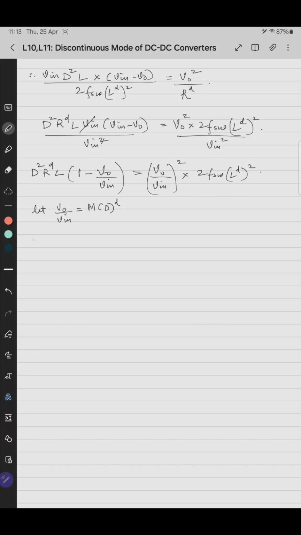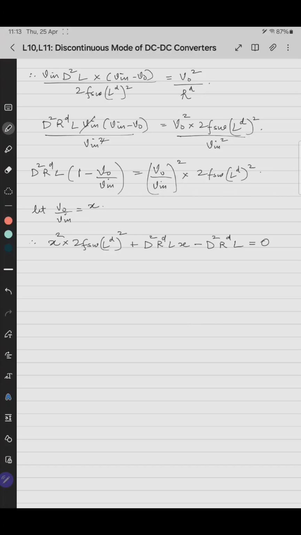So it's a quadratic. Let's assume that it is X. So therefore X square into 2F switching LD whole square plus D square RDL into X minus D square RD into L equals 0.